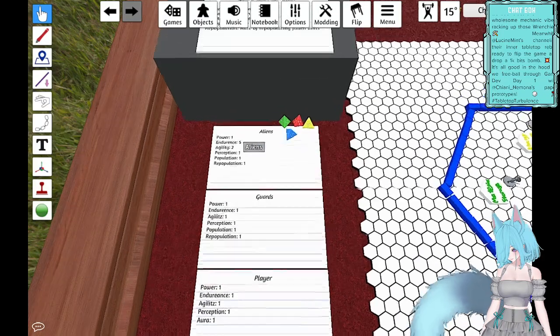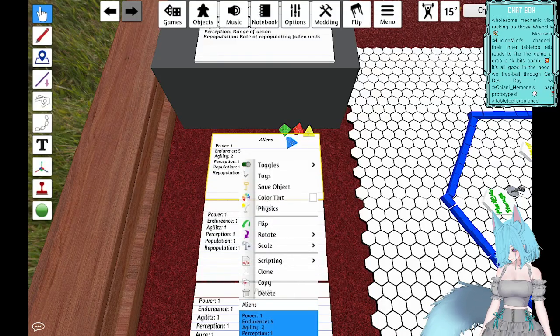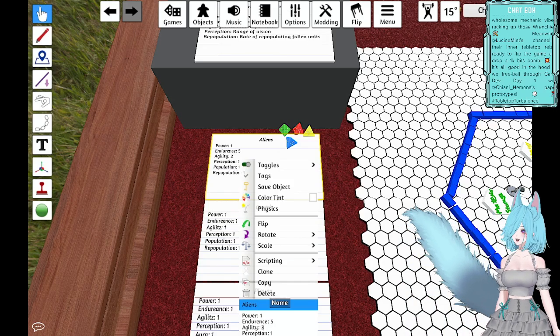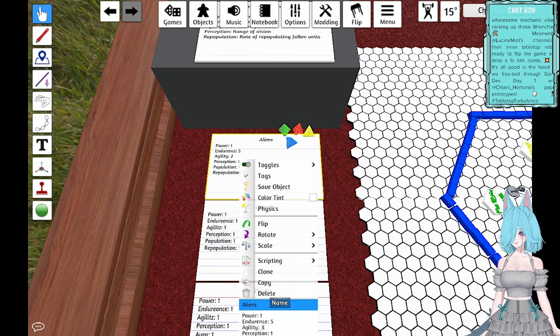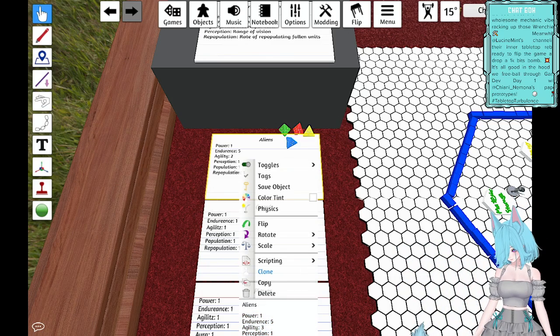They had 2, so 3 agility. I just realized they automatically always get at least 1 stat in everything. That's crazy.